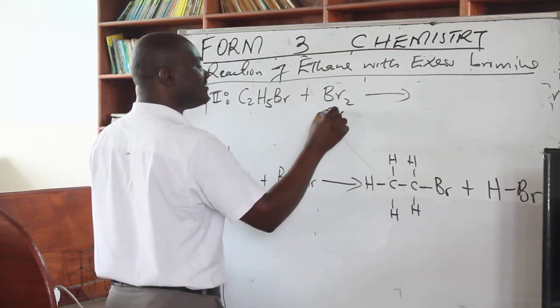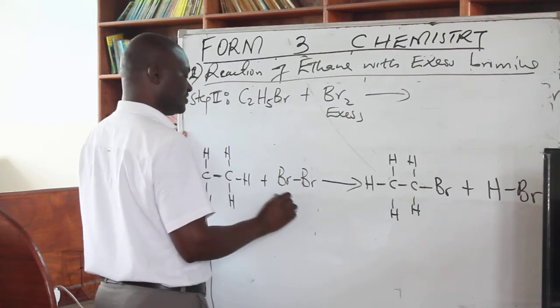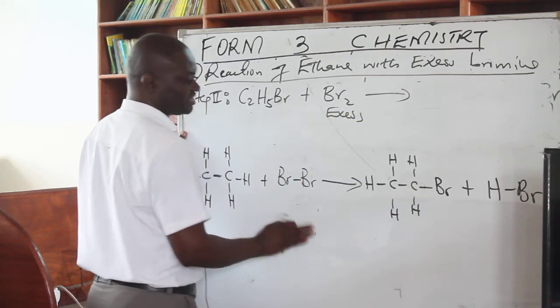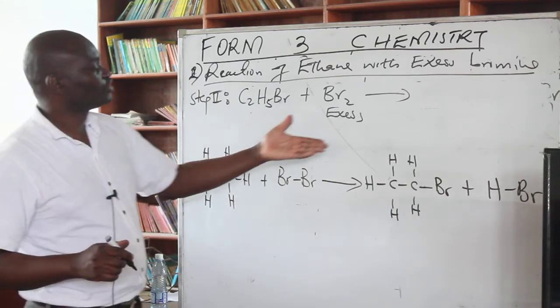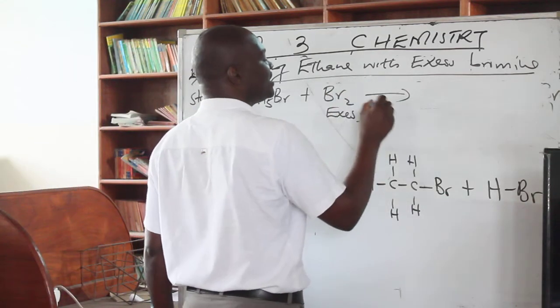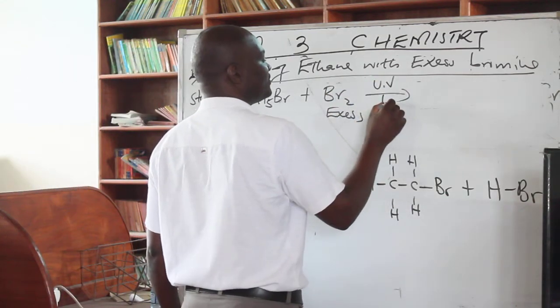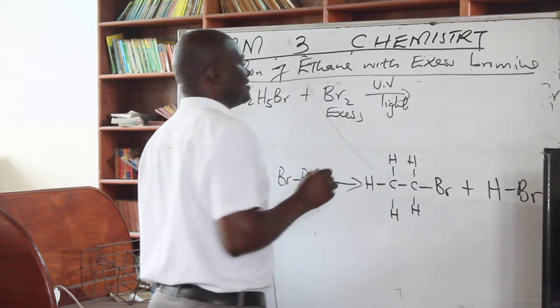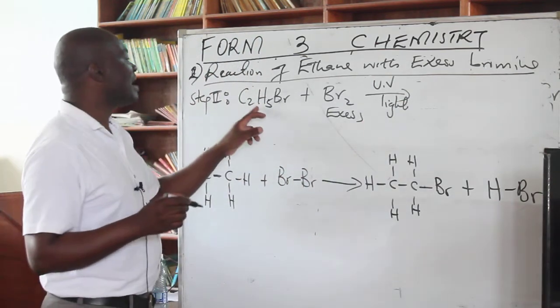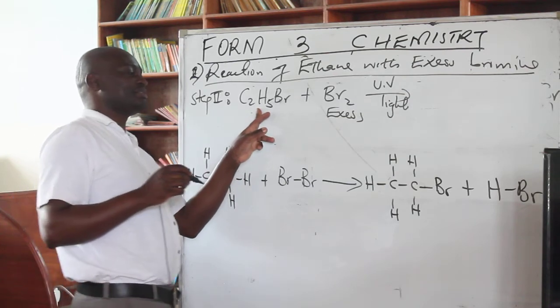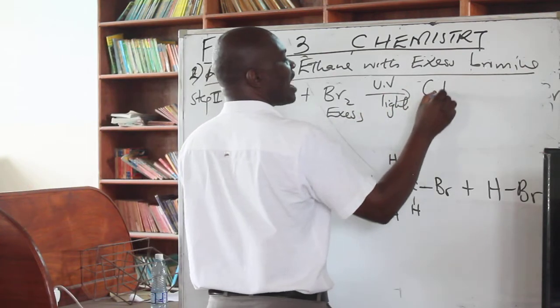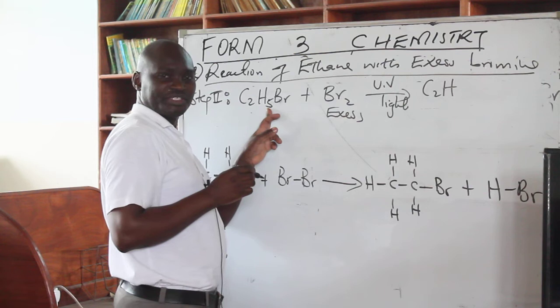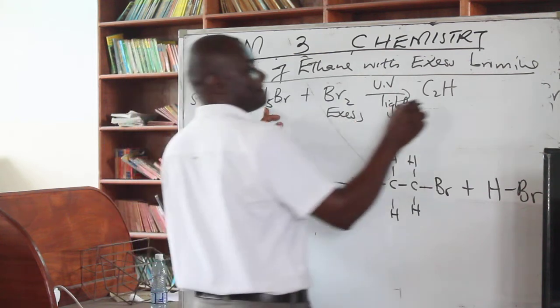And remember, we still have excess. So again, in the presence of UV light, one bromine will come and replace one hydrogen. So instead of having 5 hydrogen, we remain with 4.